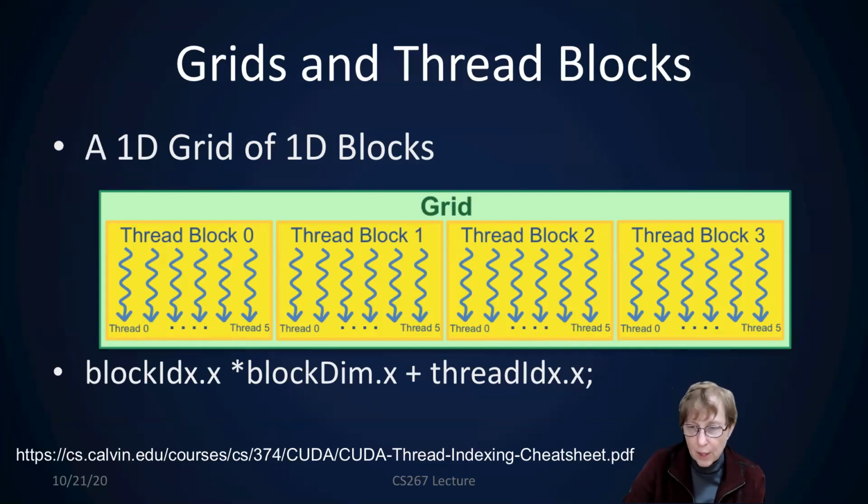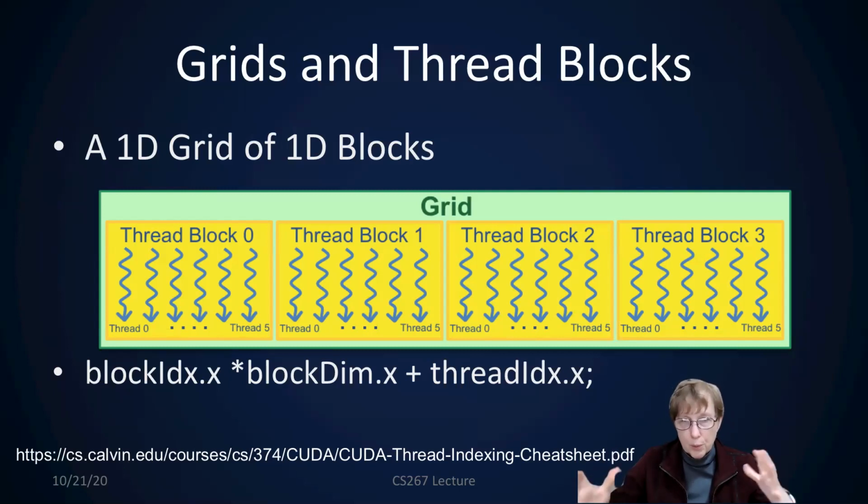But the designers of CUDA were worried that a lot of people wanted to write code that has multi-dimensional arrays. Let's say you're doing matrix multiply and you want to deal with 2D arrays, or you're doing a 3D structured grid code of the kind that Jim talked about last week, and therefore you've got a 3-dimensional mesh.